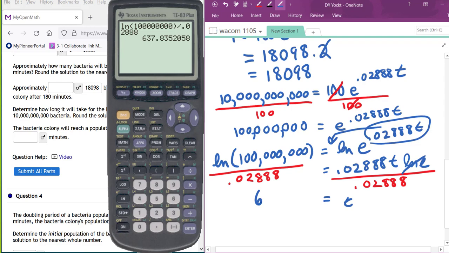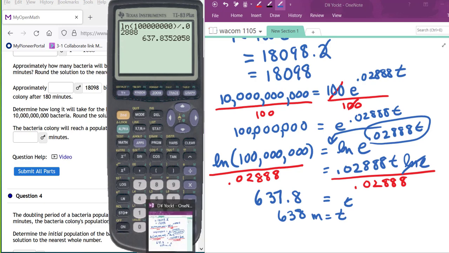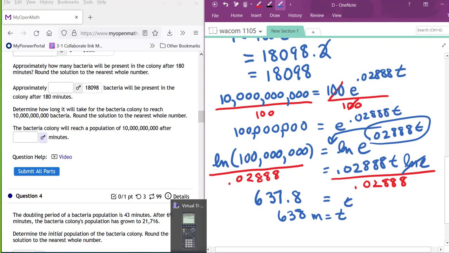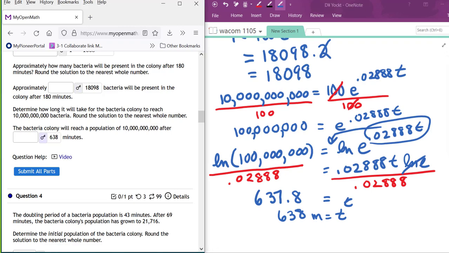So 637.8. And this 8 would push us up. So 638. And we are in minutes. So just go and check. And there we're good. Any question there?